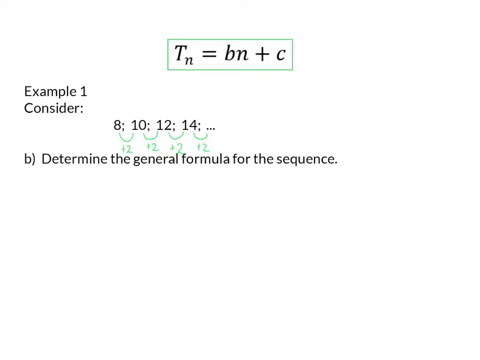Question B. Determine the general formula for the sequence. Another word for general formula is also general term or general rule. This formula will enable you to, using the position of a term, determine the value of any term.